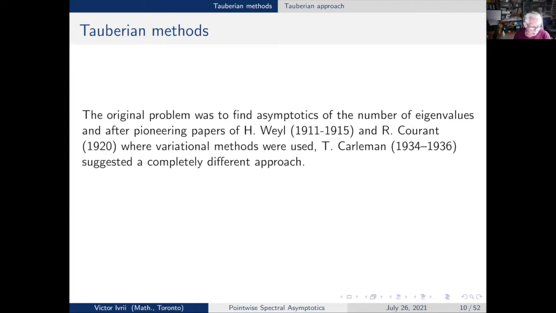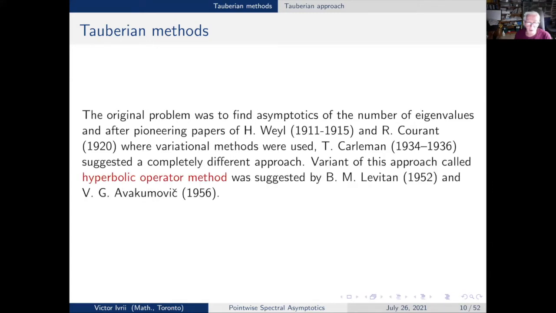when x is not equal to y, is much more difficult, and I will try to explain why. The original problem was to find the asymptotics of the number of eigenvalues, and after Hermann Weyl and Courant, who used variational methods, Kac suggested a completely different approach.